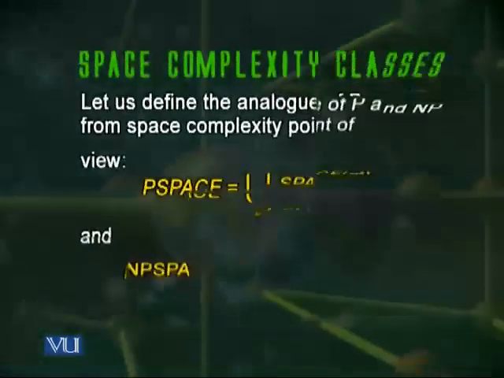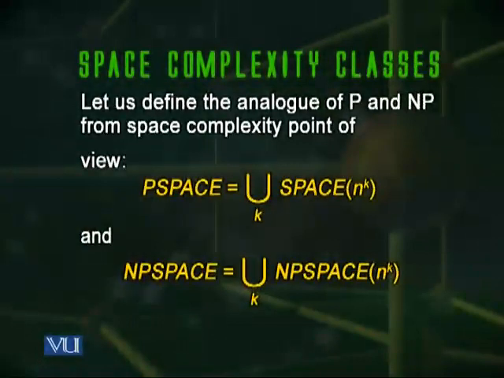So roughly what we're saying is PSPACE is the set of all problems that we can solve in a practical amount of space. Here we're not saying anything about time. We're just saying that we only need a practical amount of space to solve these problems. Similarly, NPSPACE is the non-deterministic analog of PSPACE. These are problems that we can solve in non-deterministic polynomial space.